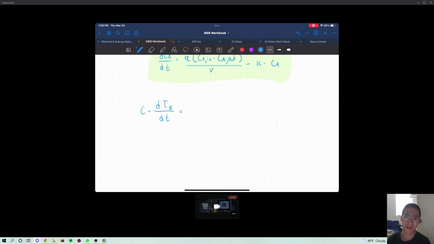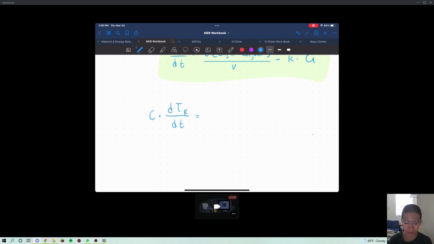We use other pieces of information to get there. We are given the volume of the reactor, as well as the density of the contents of the reactor. So density times volume is equal to mass. Mass multiplied by C, specific heat, multiplied by temperature, equals joules. There we go. We have joules on the left-hand side.